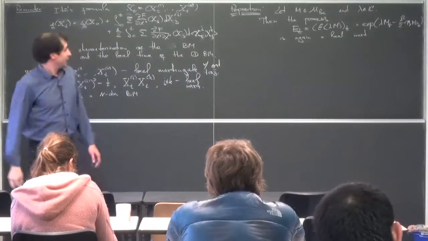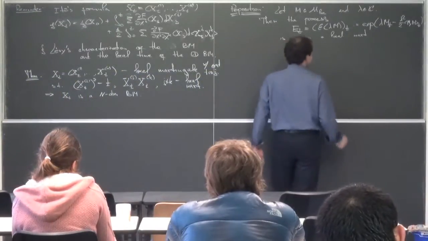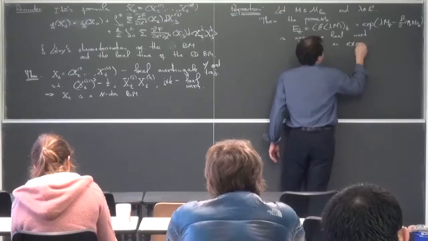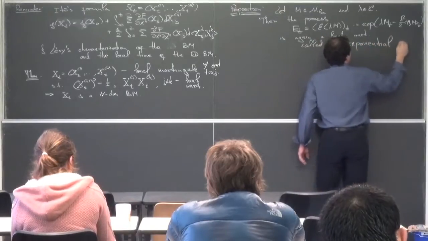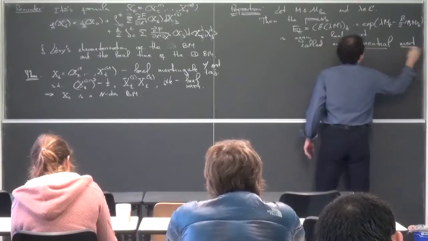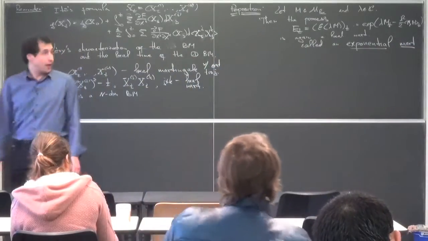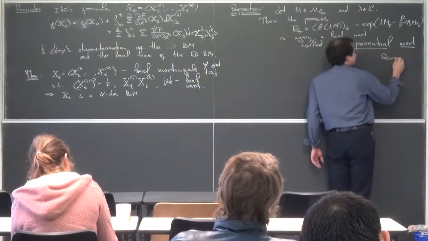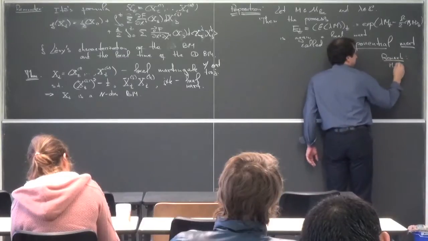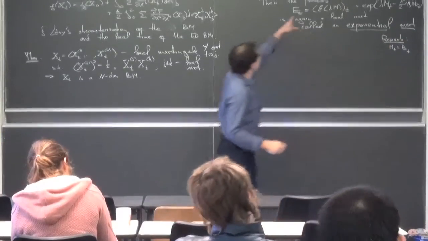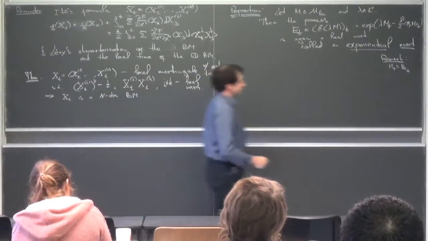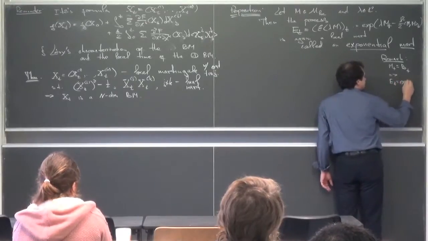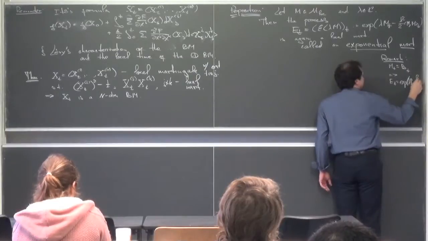And there is a name for this: it's called the exponential martingale of M. A simple remark is that we already saw this in the case of the one-dimensional Brownian motion, so this is a one-dimensional process. This is the exponential of B_t minus t over 2.